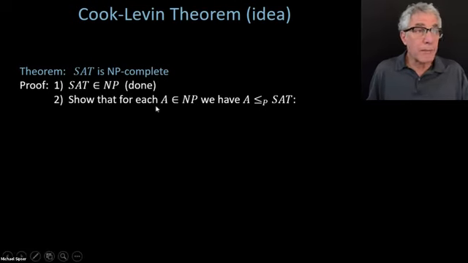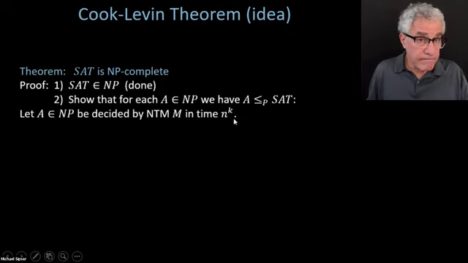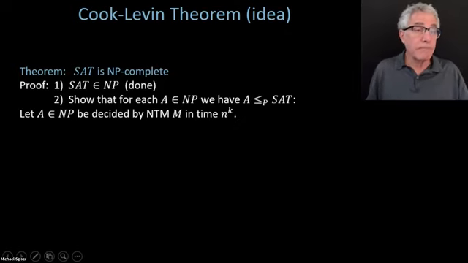So now we're going to pick some language in NP, A, and show that A is polynomial time reducible to SAT. So this is going to apply to any language A in NP. So let A be some language in NP. It's decided by some nondeterministic Turing machine M in time n to the k. That's what it means to be in NP.